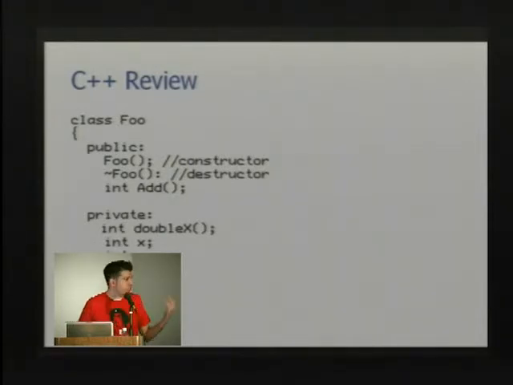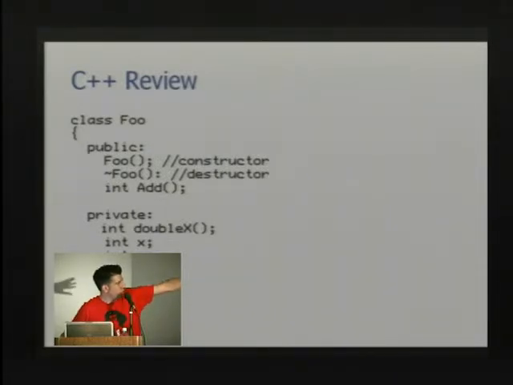So here's a simple class. This is an example. It doesn't do anything, but it's just to show some of the different modes. On top it says public. That means that the foo constructor and the foo destructor and the add method, those can be called from anywhere. The private section, the double X function or method, can only be called from within the class.